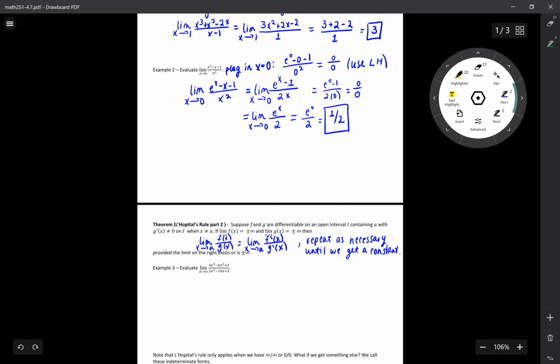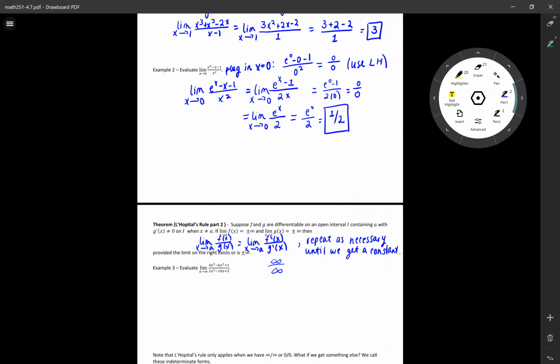Unless I get positive or negative infinity, right? If I were to get positive or negative infinity as my limit, that would mean the top, f or f prime or whatever, equals infinity, and the bottom is equal to a constant. If I have f over g or f prime over g prime as infinity over infinity, it means nothing to us.